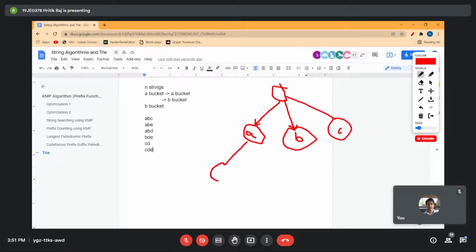Here for A, we could have AA, or we could have AB. Similarly, continuing in this way.